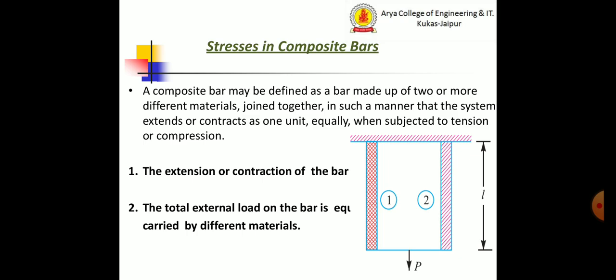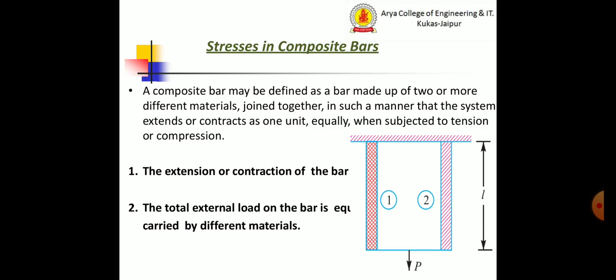A composite bar may be defined as a bar made up of two or more different materials joined together in such a manner that the system extends or contracts as one unit equally when subjected to tension or compression.